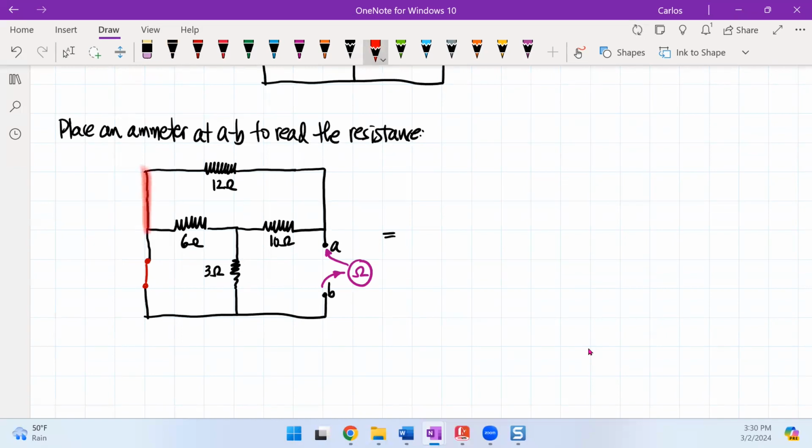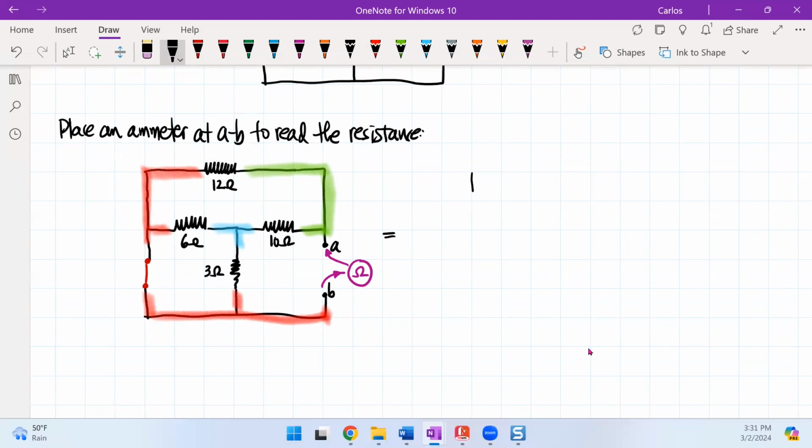If I look at this node, my red node, and then I have one more node, nope, not one, but two. So when I look at this, I can redraw the circuit and it looks something like this.